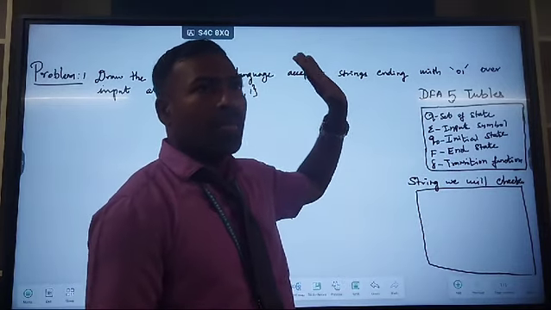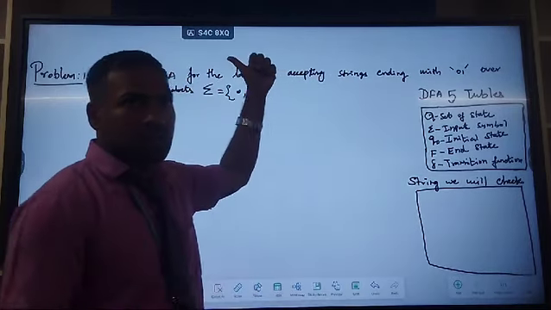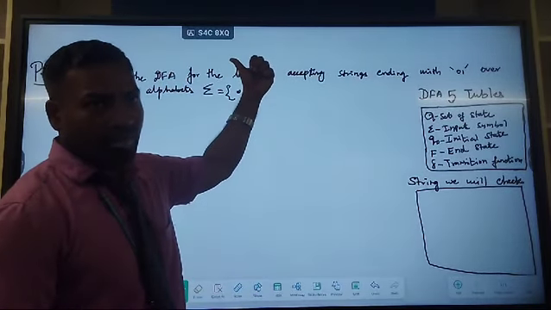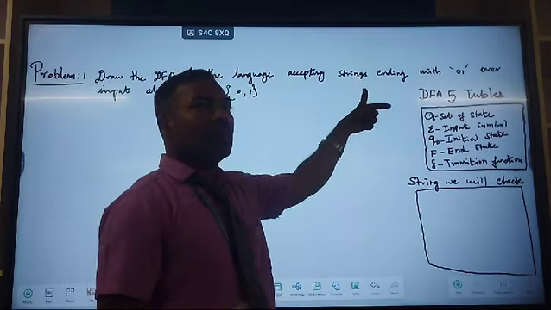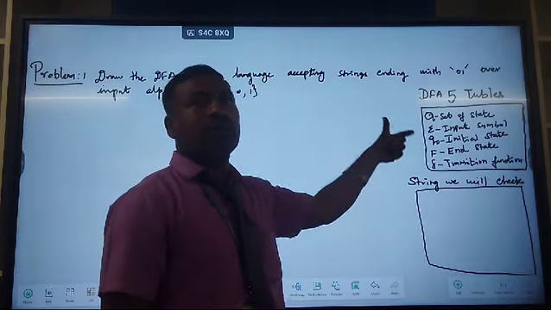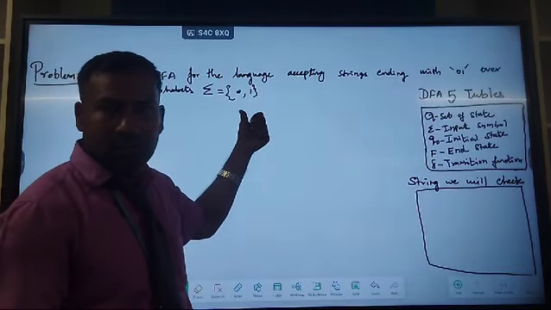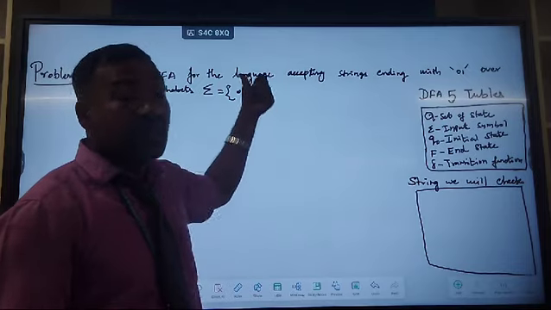You know that while you are solving this DFA design, you need the 5 tuples. After that only is it possible to solve the design for the DFA diagram in the given problem.